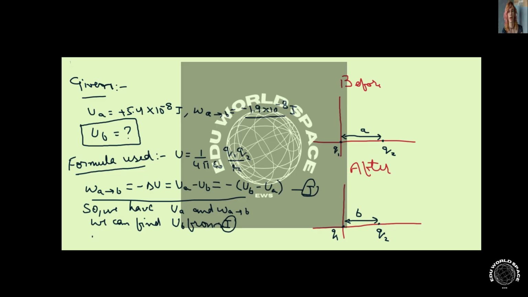So UB equals UA minus WA to B. Putting the values here for UA and WAB, we have 7.3 into 10 raised to power minus 8 joule.